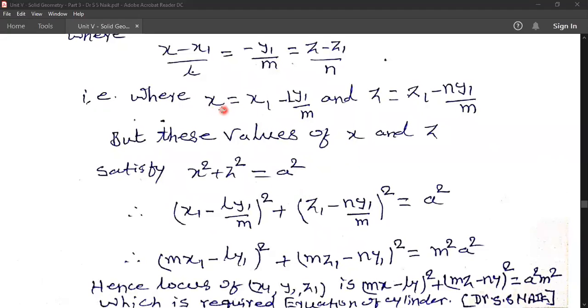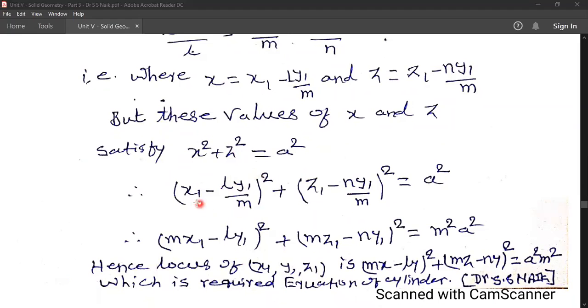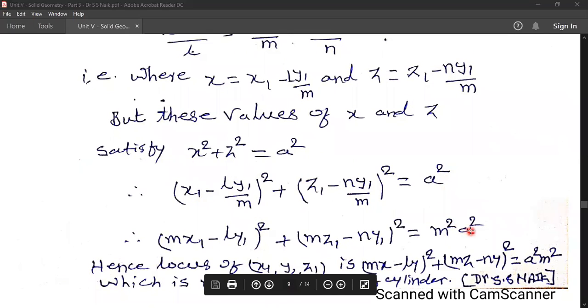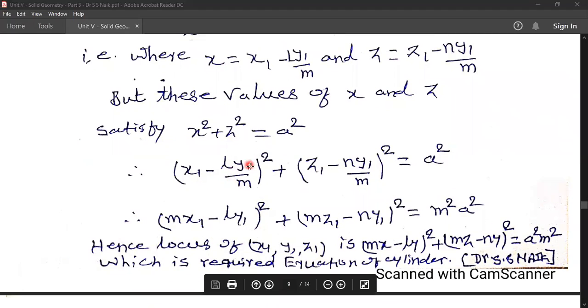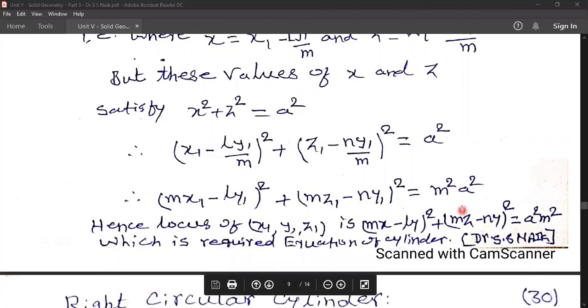That means substitute this value of x in this and the value of z in this, so that when you go on simplifying, this becomes M, and this M will be common in both, becomes M square, goes on the right hand side and it becomes M square a square. So therefore I get (M x1 minus L y1) square plus (M z1 minus N y1) square is equal to M square a square.